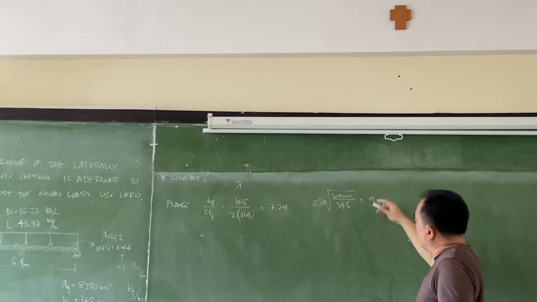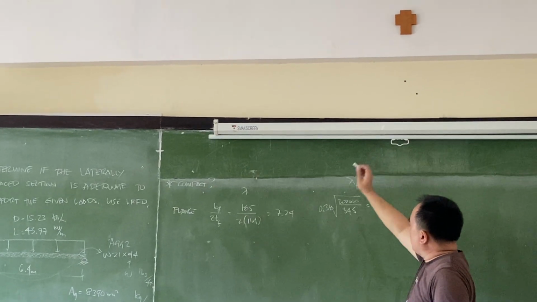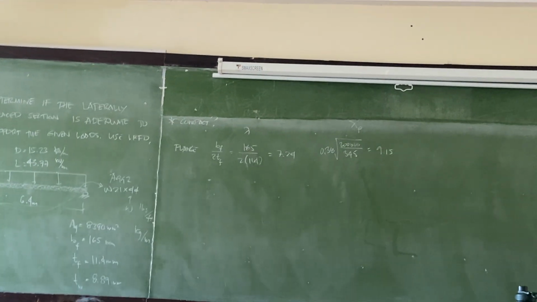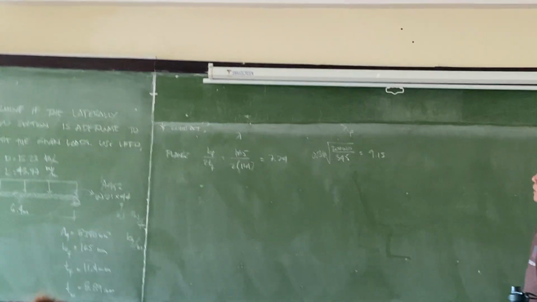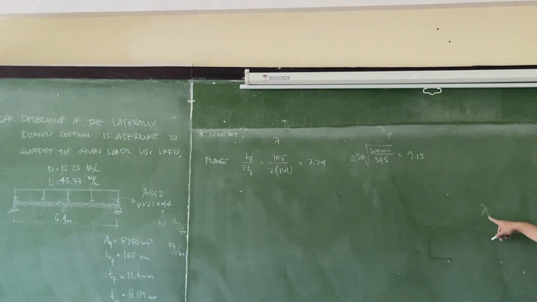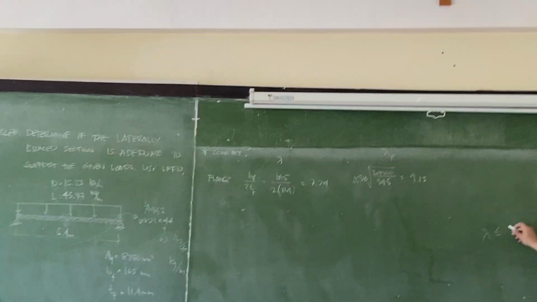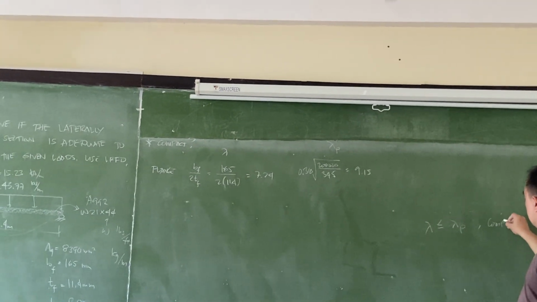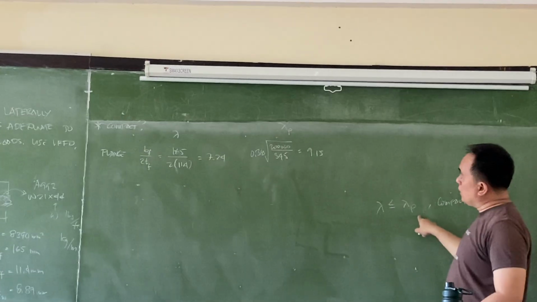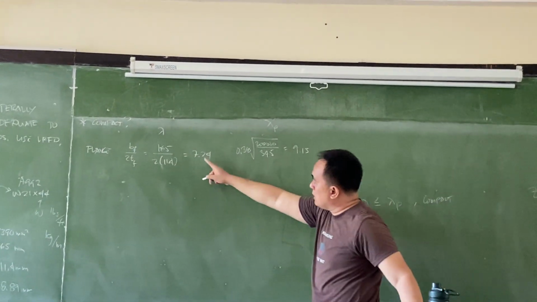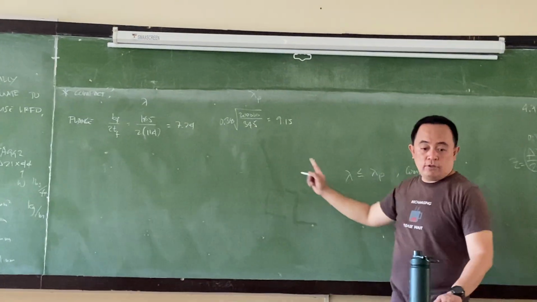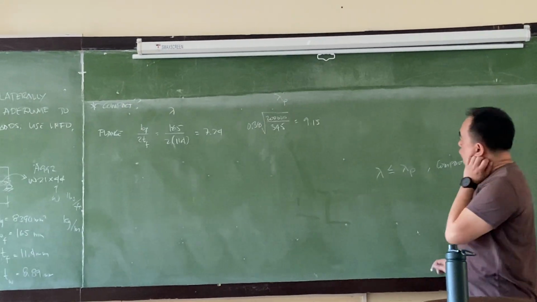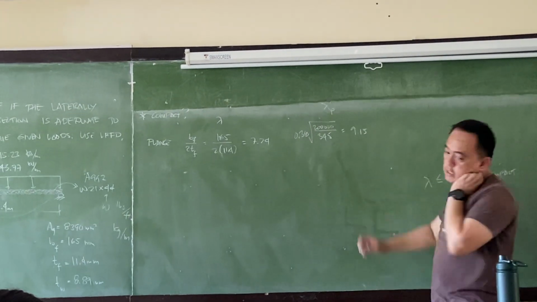So this is the limiting parameter for your compact section. If your lambda is less than or equal to this, it should be compact. So far it's compact, since it is smaller than the limit. We need to check lambda r too, but let's just put it there.